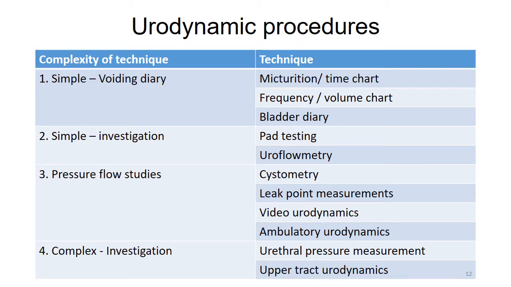It starts from simple to complex. Simple ones: voiding diaries, micturition time chart, bladder diary, pad testing, uroflowmetry, and pressure flow studies like cystometry, video urodynamics, ambulatory urodynamics, and complex investigations like urethral pressure profile and upper tract urodynamics.